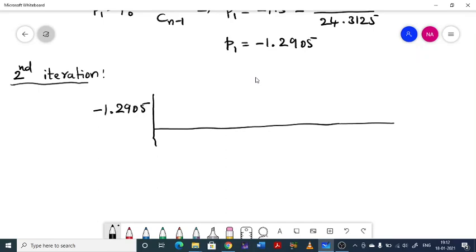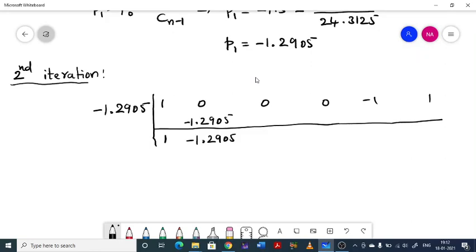So here the coefficients are 1, 0, 0, 0, minus 1, 1. You can carry this 1 into minus 1.2905. So we'll get minus 1.2905. Adding those two, minus 1.2905.